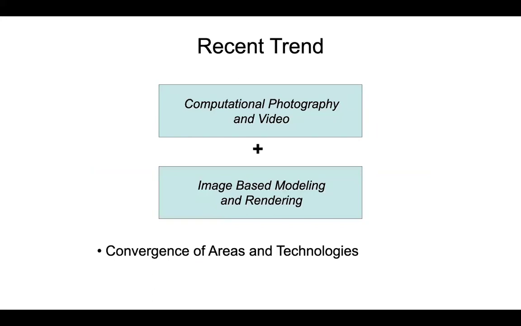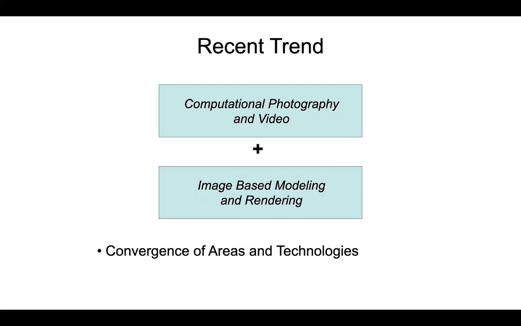And this, as I mentioned, is a recent trend that combines 2 different areas and technologies, an innovation that changes media. It's a new type of media. On one hand, it's associated with computational photography and video, something that we discussed in the first part of the lecture.